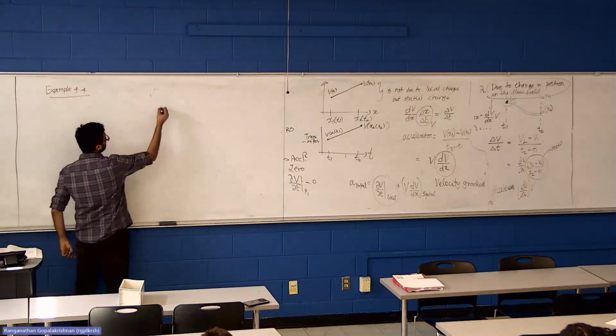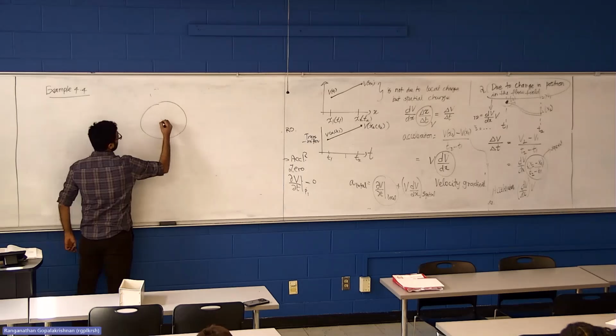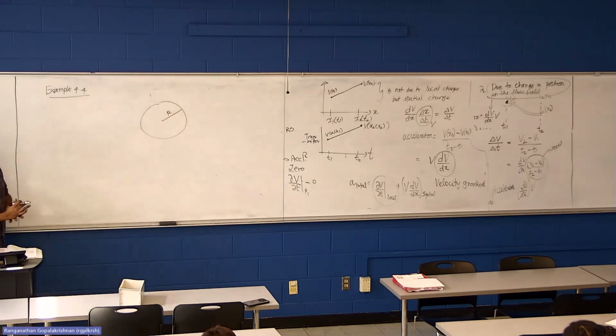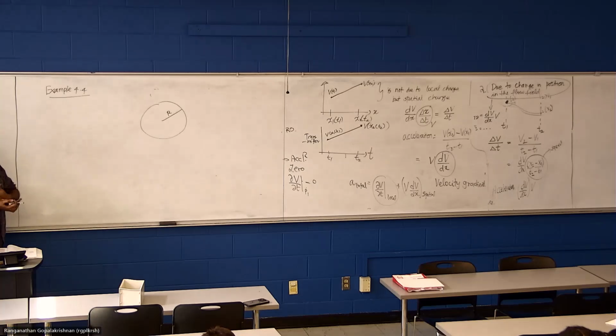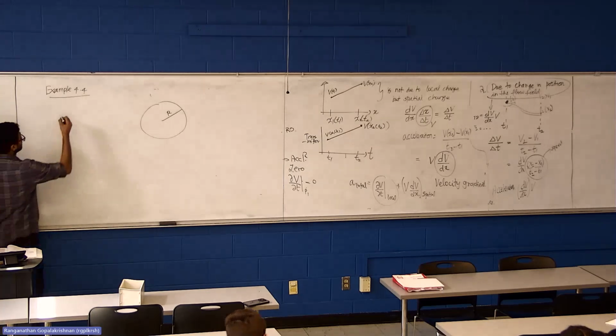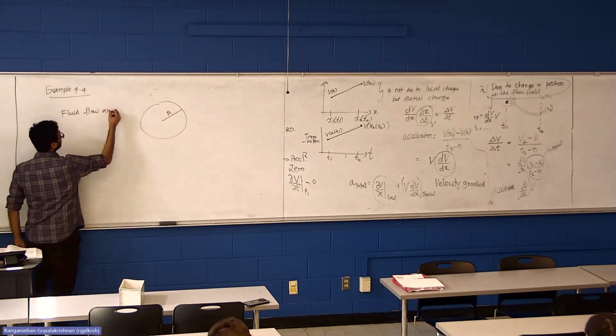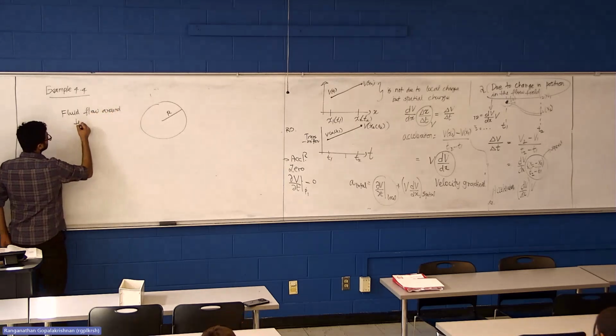So we'll draw a sphere, and that sphere has a radius r. Okay, and we want to talk about the fluid flow around this tennis ball.